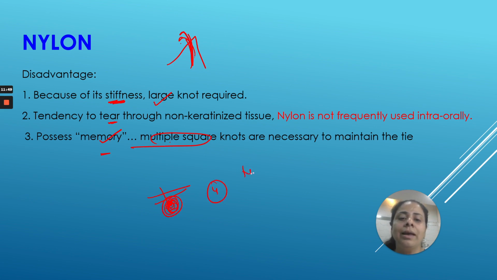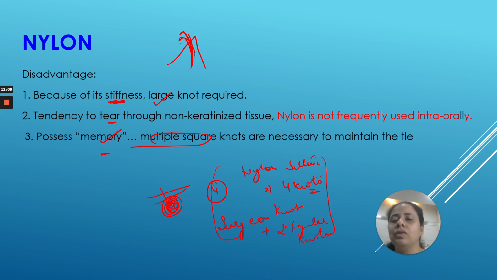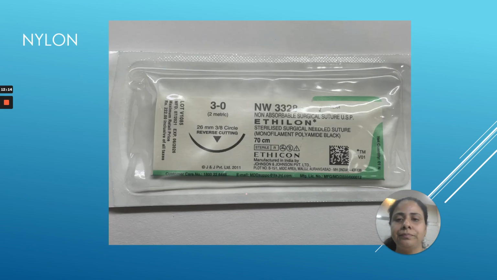So whenever I am putting nylon sutures, I give at least 4 knots, or one surgeon's knot, which I will explain later in the upcoming presentations, plus 2 regular knots. Otherwise, when my patient comes back after surgery, the nylon sutures are open. Yes, they do get open.